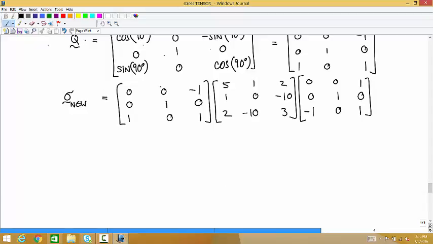You want to program this into your calculator because you don't want to do that by hand. It's a nuisance, but it's instant on your calculator. And you get 3, 10, negative 2, 10, 0, 1, negative 2, 1, 5.